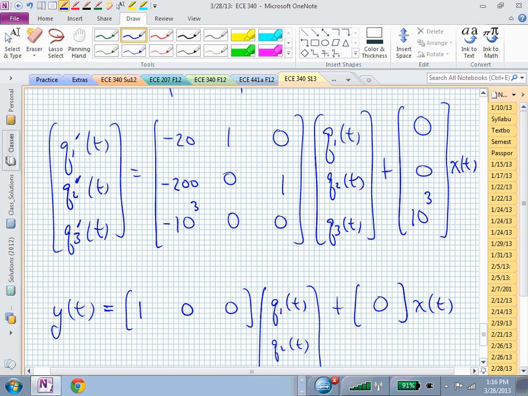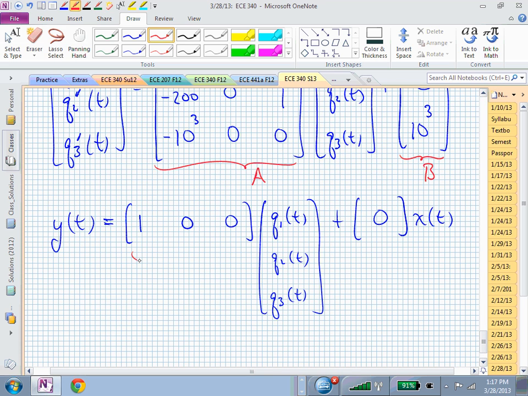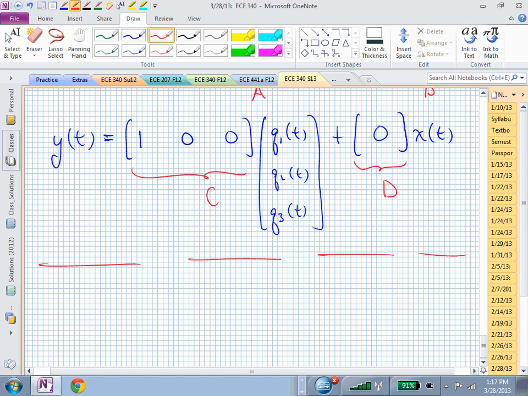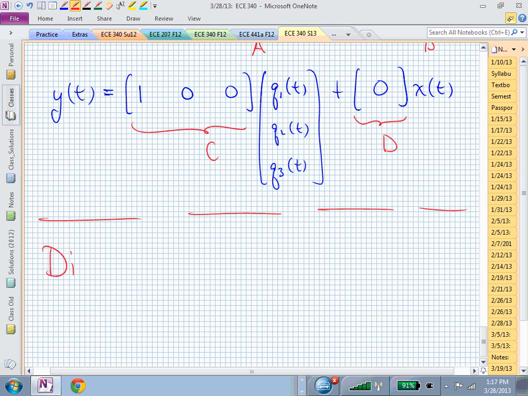Now we can. Now that we have this, this is now our A matrix. Here is our B matrix. Here is our C matrix. And there's our D matrix. Now what I want to do is jump into chapter 5. And as I said, this is really more for your enjoyment.